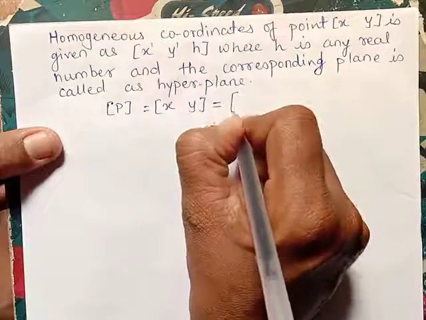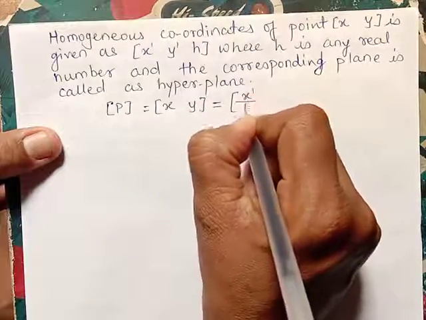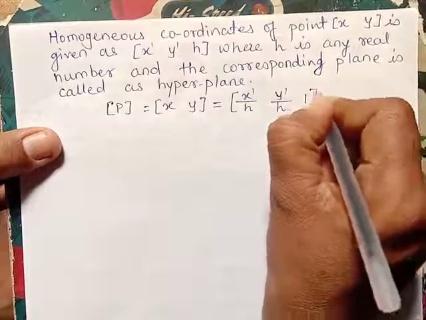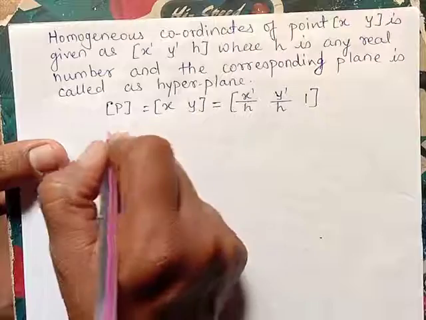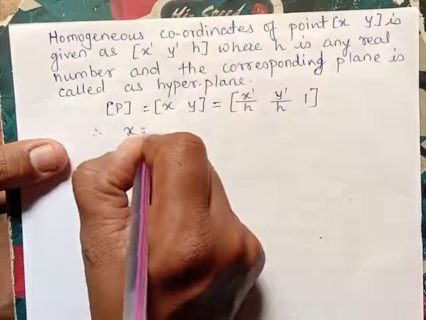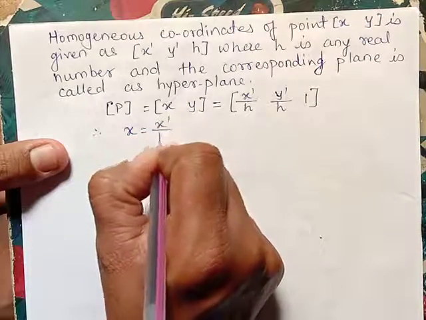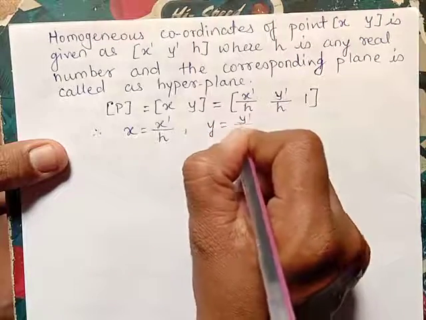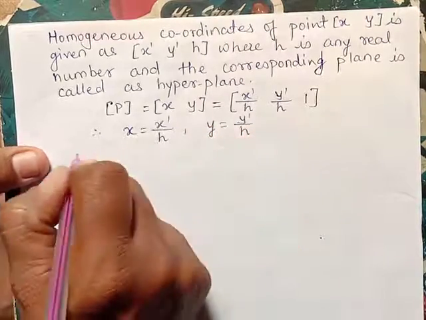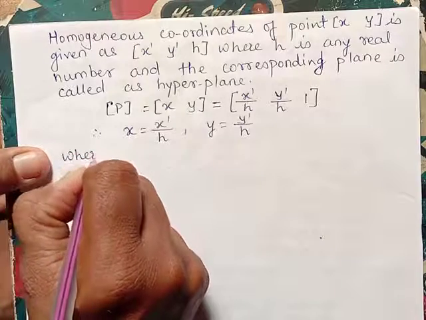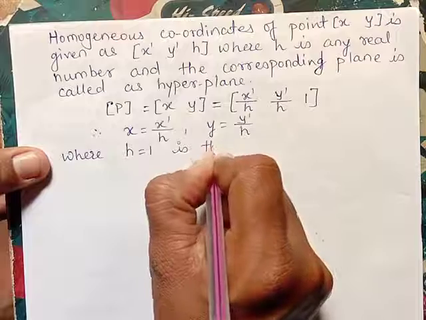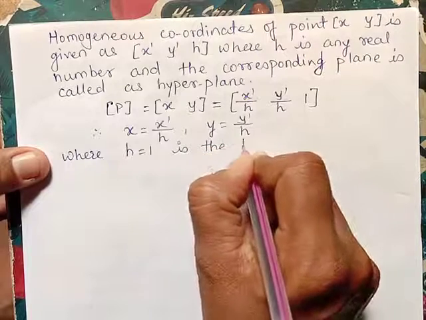It can be written as x dash by h, y dash by h, and 1. Therefore, x will be x dash upon h, y will be y dash upon h, where h equal to 1 is the hyperplane.